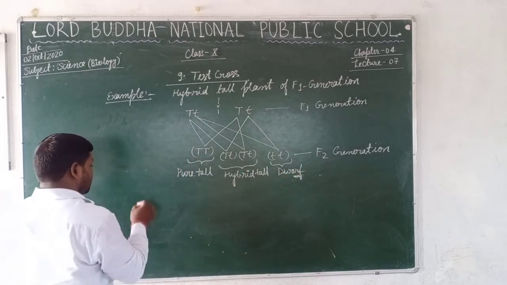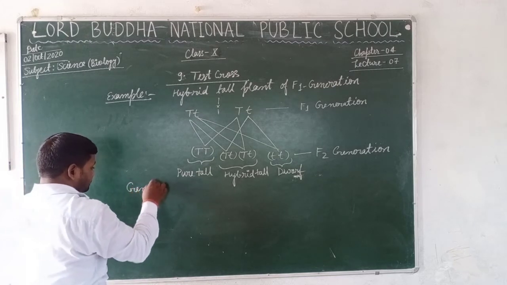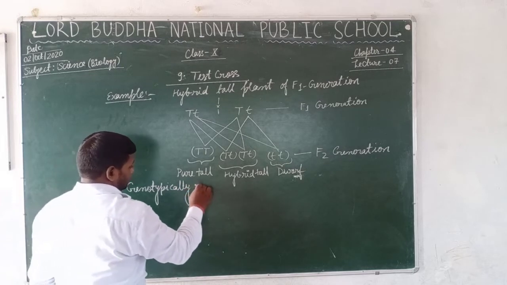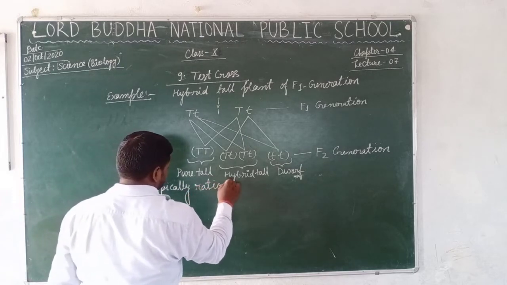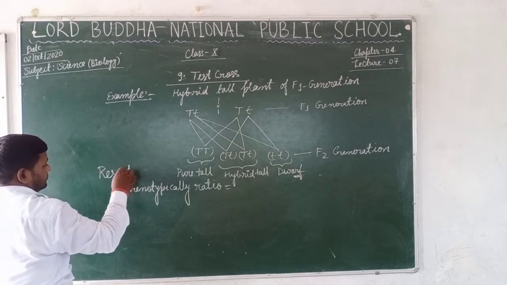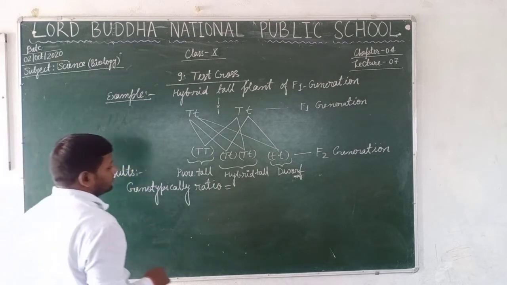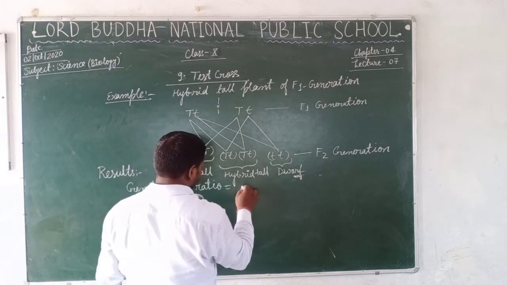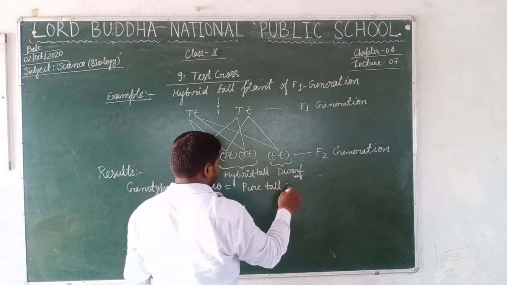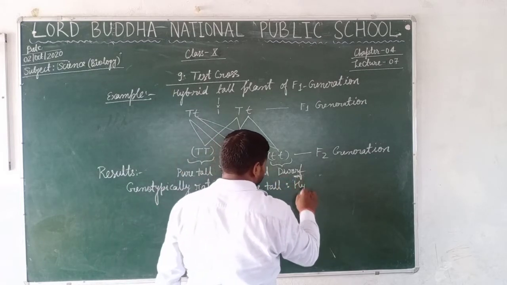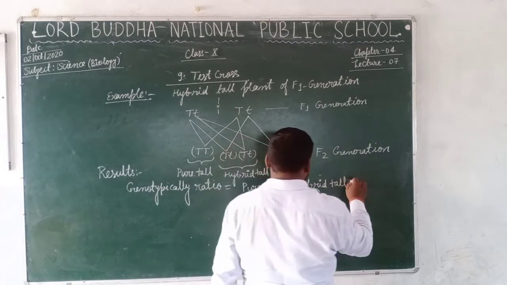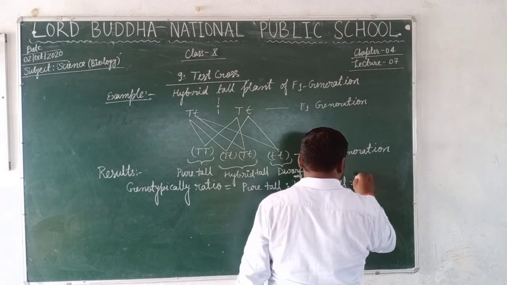What is the genotypical ratio? Then we find the ratio of pure tall, hybrid tall, and dwarf.